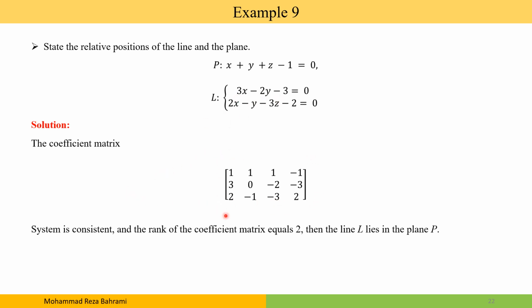So this coefficient matrix is our system, so you can solve it by yourself, and you should reach this one. The system is consistent and the rank of the coefficient matrix equals 2, which means that the line L lies in the plane P. So as homework, you do it by yourself. Calculate this system and conclude that the system is consistent and the rank equals 2.